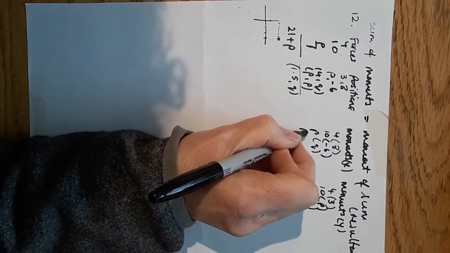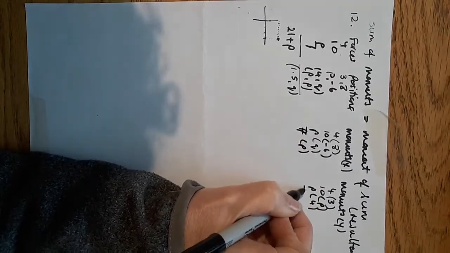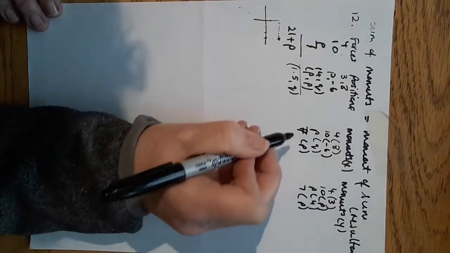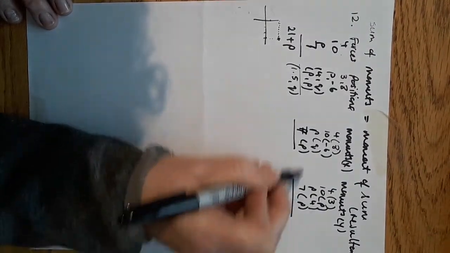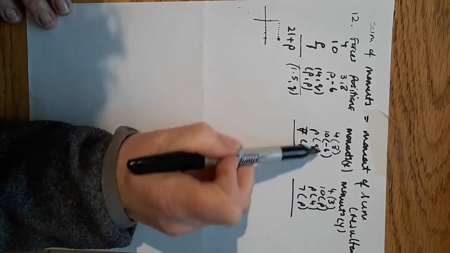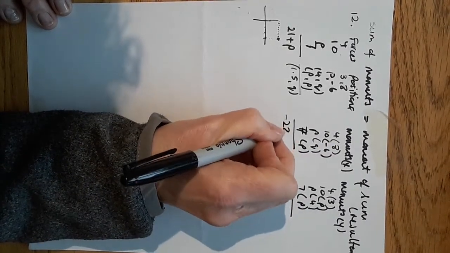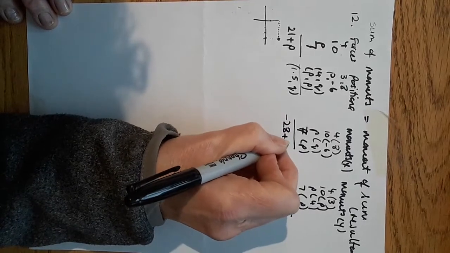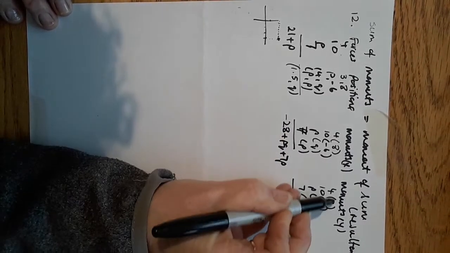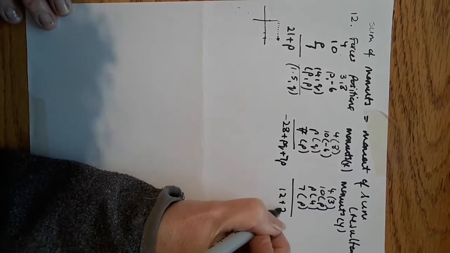The 7 force will be multiplied by p, and the 7 force here will be multiplied by p also. Now I'm going to find the sum of the moments about the x-axis and the sum of the moments about the y-axis. When I add these ones up, this becomes minus 28 plus pq plus 7p. And when I add these ones, this becomes 12 plus 21p.